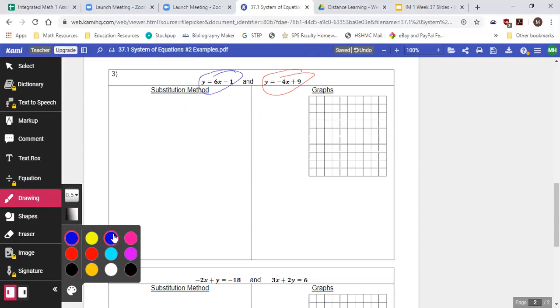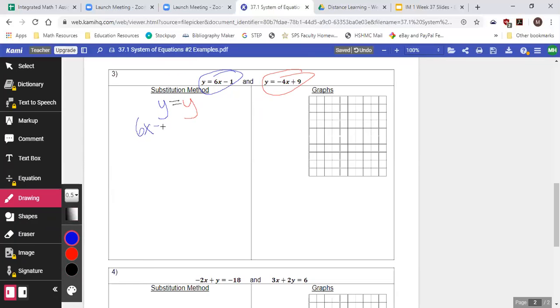We know that y is equal to y. So instead of writing y, we can just write in 6x minus 1, and that's equal to -4x plus 9. Y equals y, and 6x minus 1 is equal to -4x plus 9.